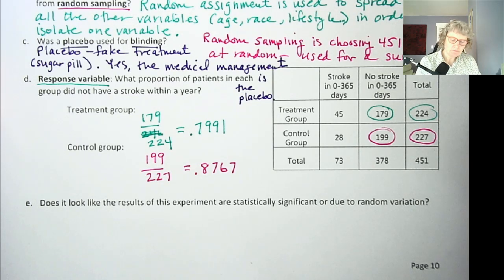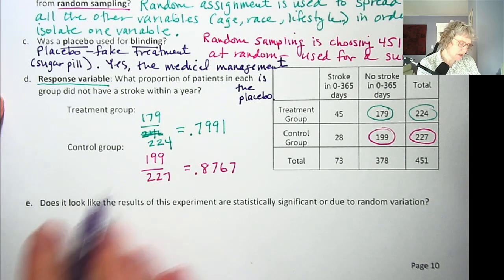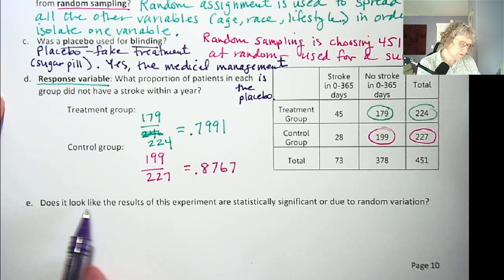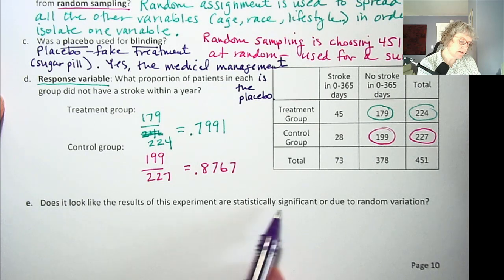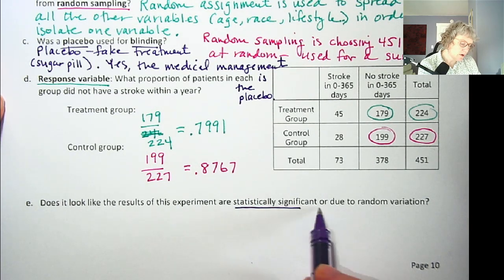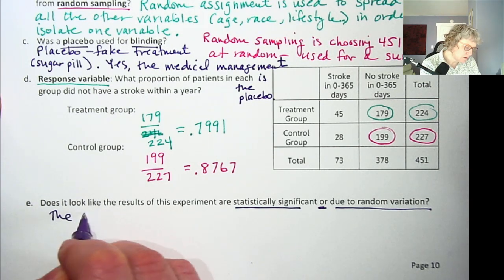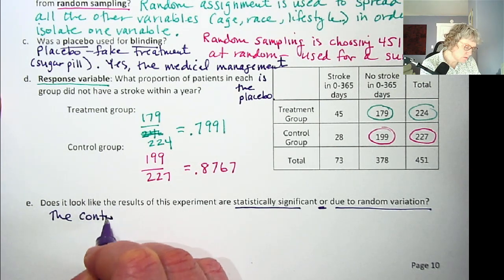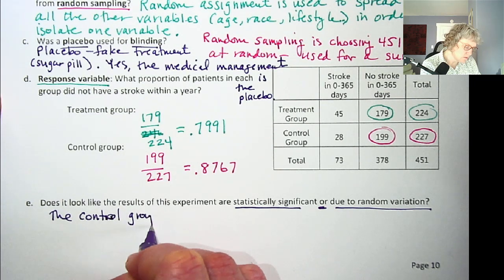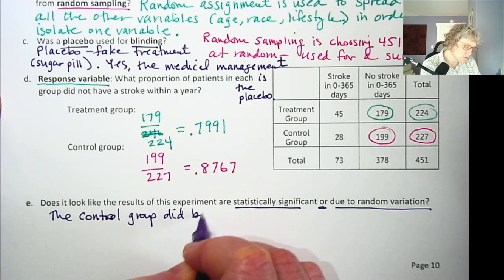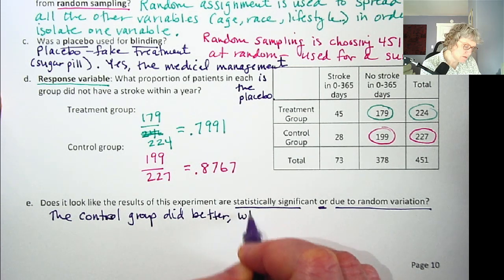We don't quite have the math to do this yet. So I'm just going to write down the questions here. So the question is, does it look like the results of this experiment are statistically significant or due to random chance or random variation? So that is always our question when determining statistical significance. So I'm going to write the control group did better, which is surprising.